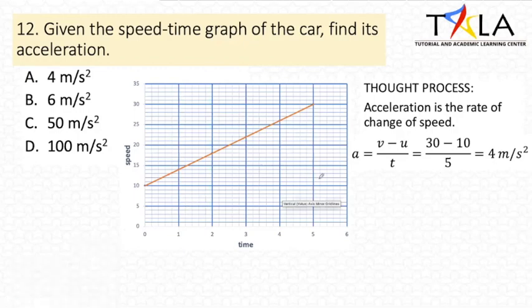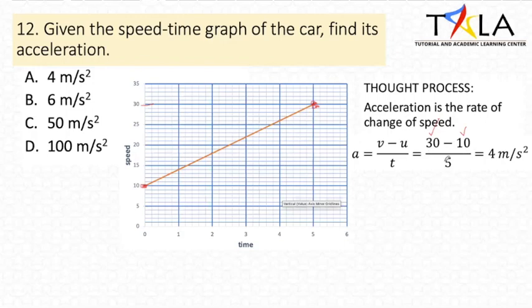So, let's just substitute the values from this graph. So again, the final speed is 30 meters per second. And the initial speed natin is 10 meters per second. So dito siya, final speed 30 minus initial speed 10.